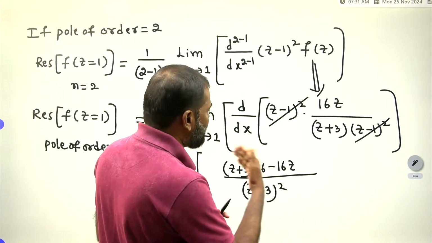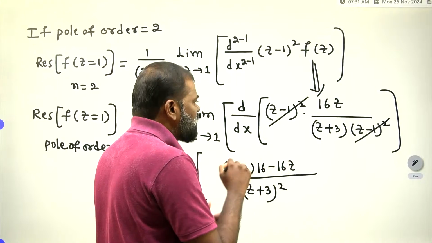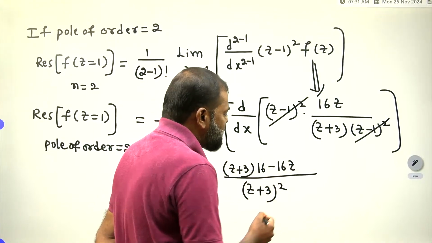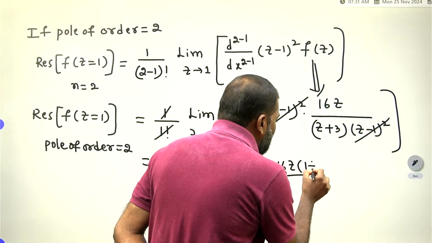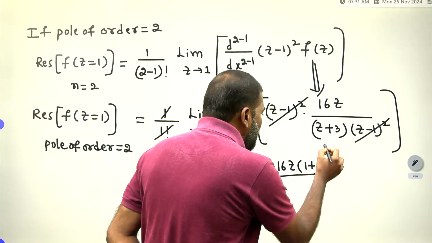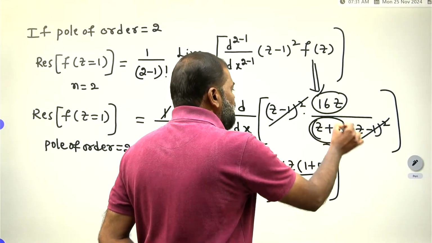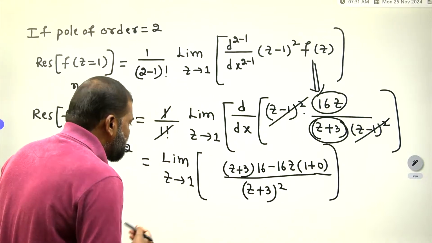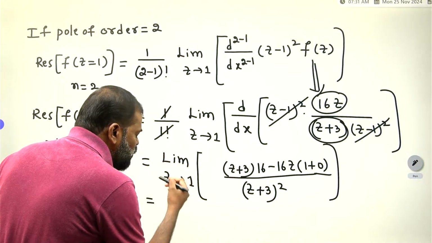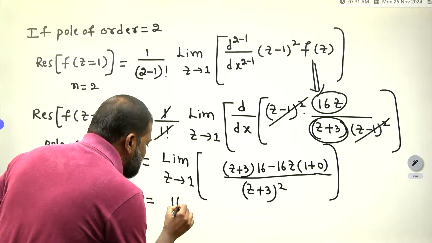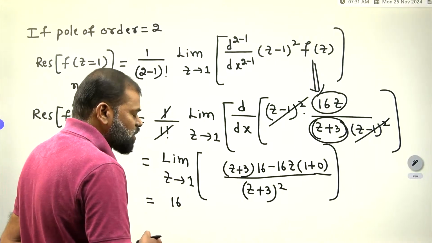So you have to keep the 16 outside. 16z into 1 plus 0. This is the differentiation of 16z by z plus 3. Correct? You have to take the outside 16, right?